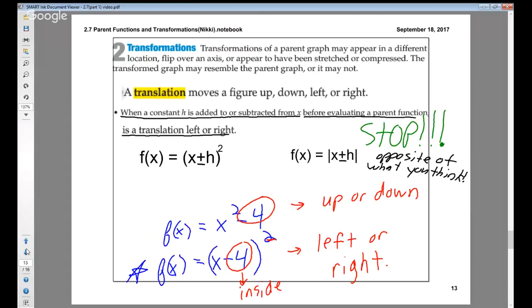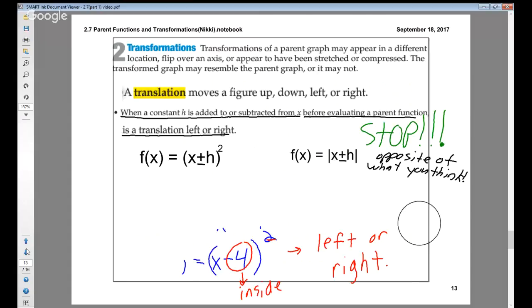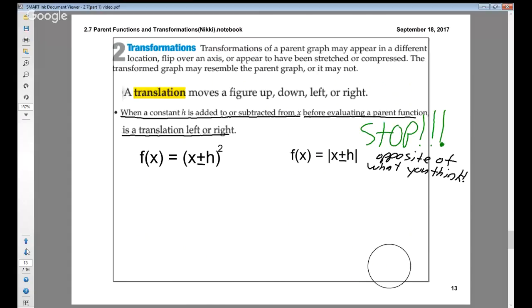So let me better explain. Let me erase these notes so I can get more space. So in other words, if you look back at that last function I showed you, and actually let me write that in blue.